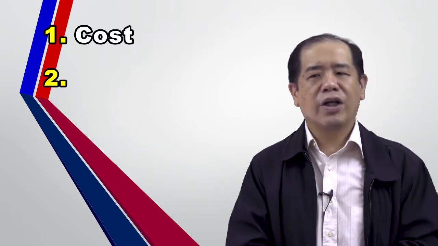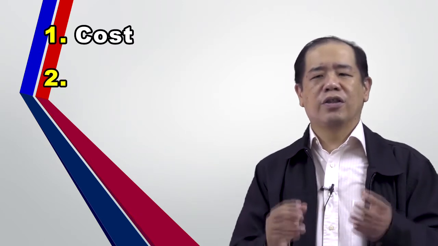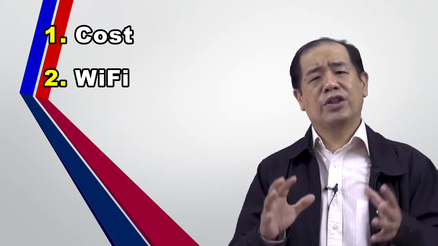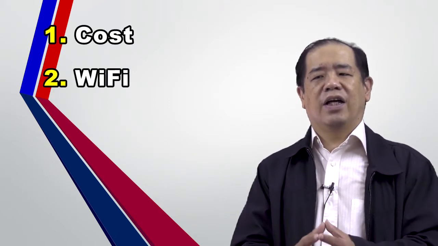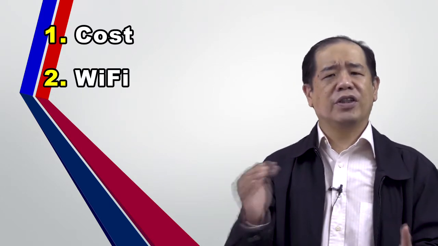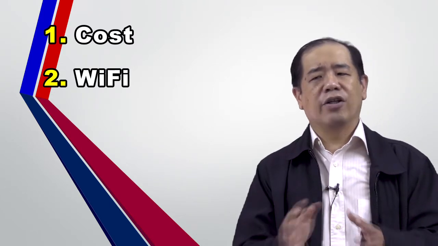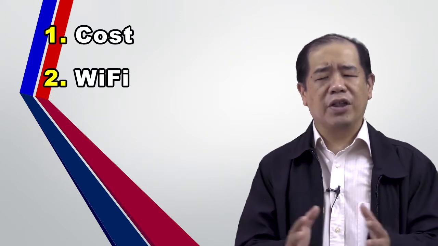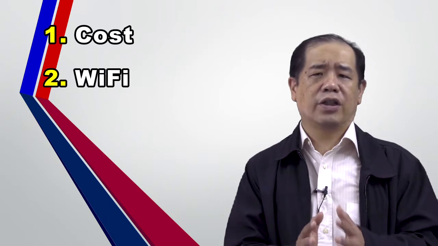The second reason is that this uses Wi-Fi coverage, and Wi-Fi coverage is quite big as long as you put it at a sufficiently high area with no obstacle hindering the signal. So you can be anywhere within the area and still be able to control the camera.